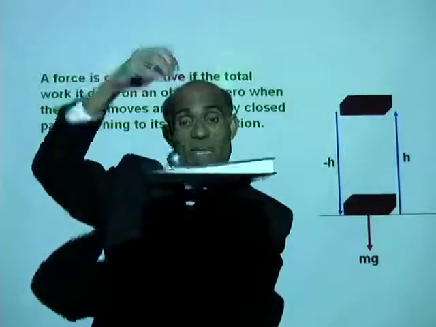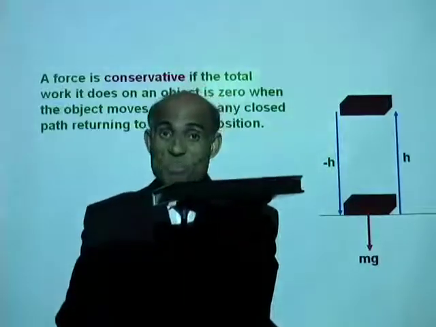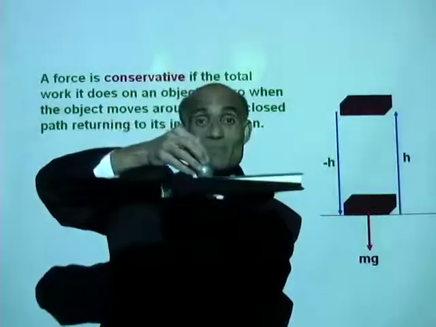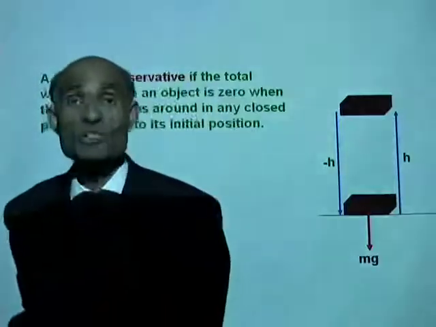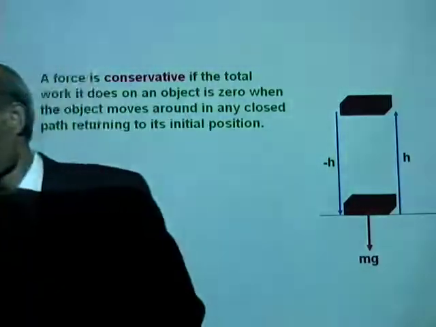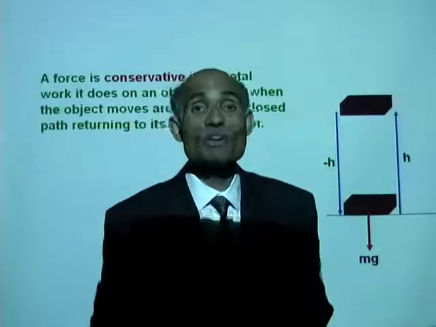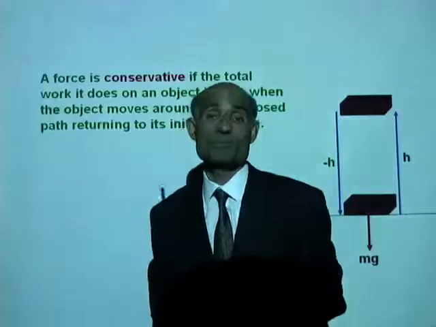While the object is allowed to fall, the work done by the force of gravity is positive mgh. The total work done is 0. So, a conservative force is a type of force where the total work done in a closed path is 0.